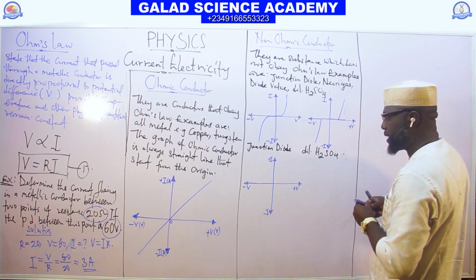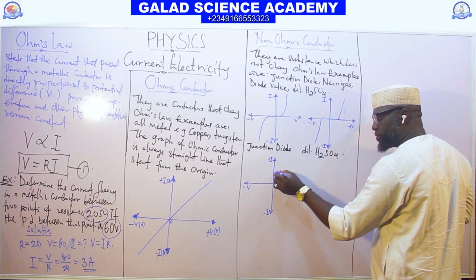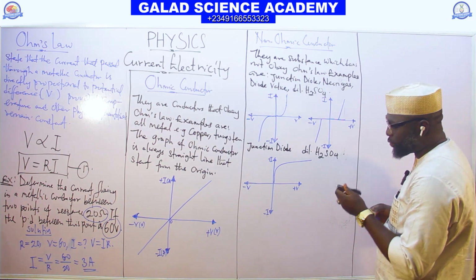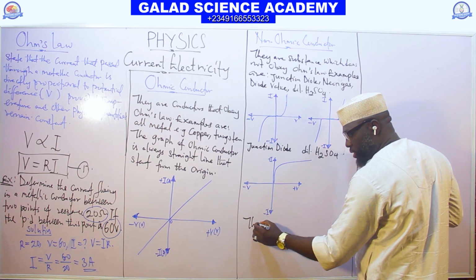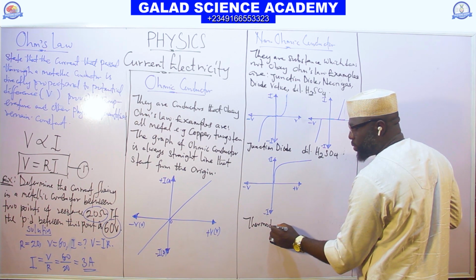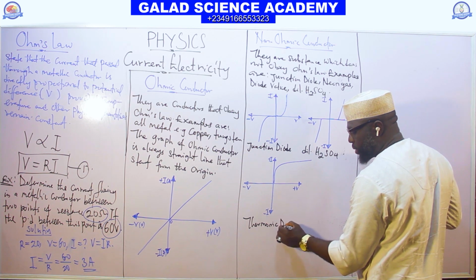If you have your graph in this form, this is the graph of thermionic diodes.